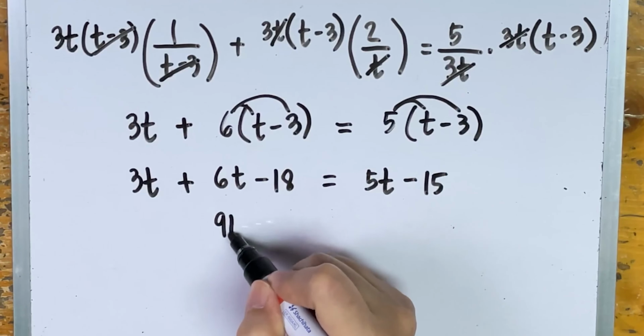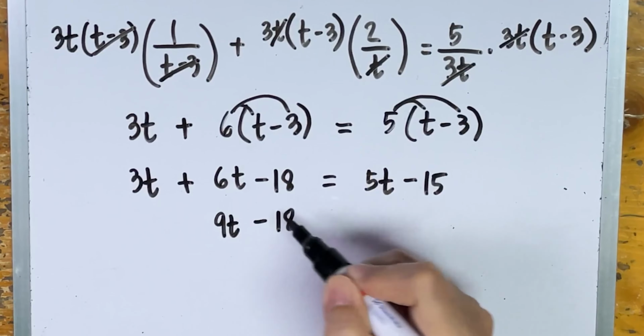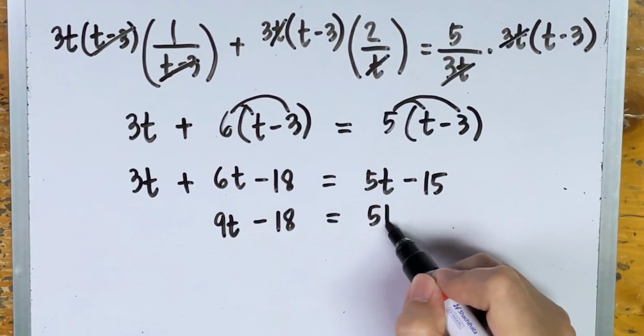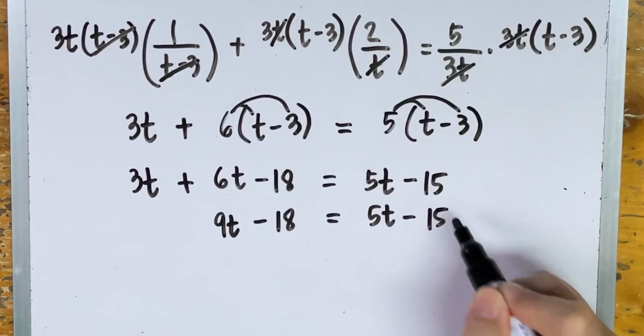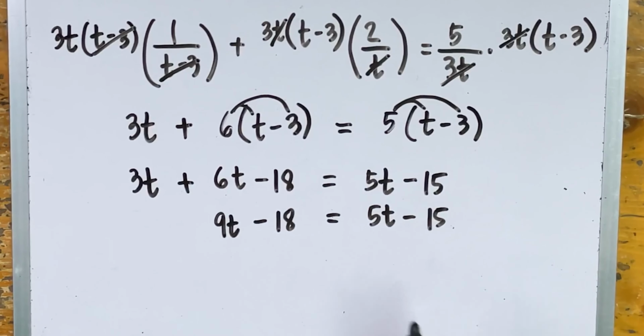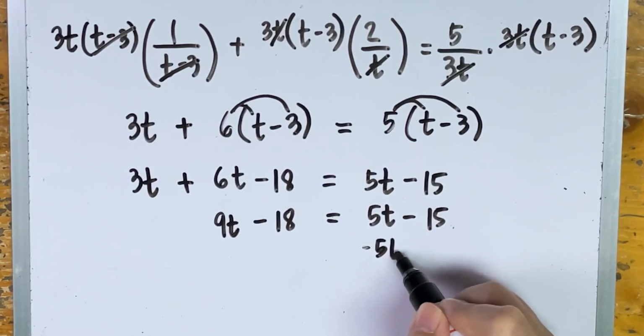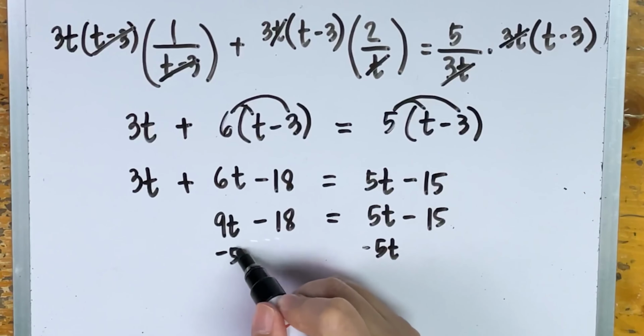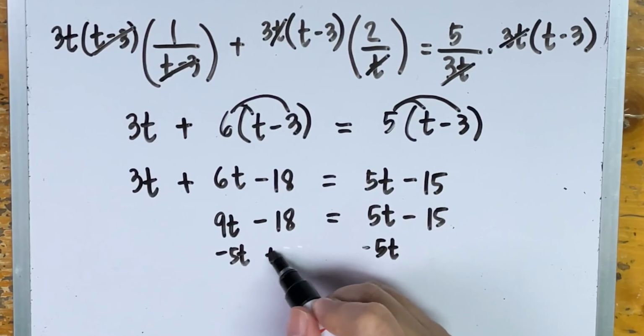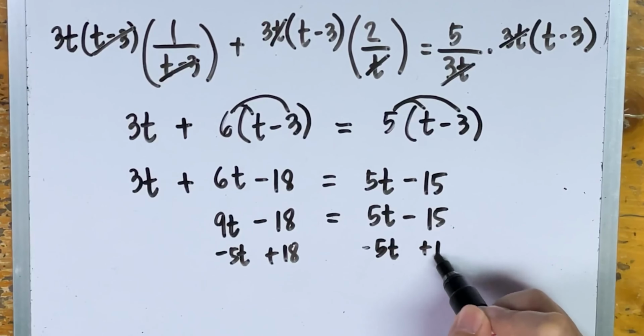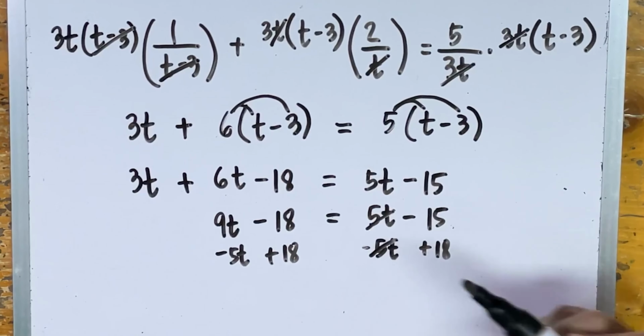Then, combine natin yung like terms. So, 9t minus 18 is equal to 5t minus 15. Now, pagsamahin natin yung mga t on the left side and yung mga constant on the right side. So, subtract natin yung 5t on both sides. Add natin yung 18 then on both sides. Okay, so ito magka-cancel.